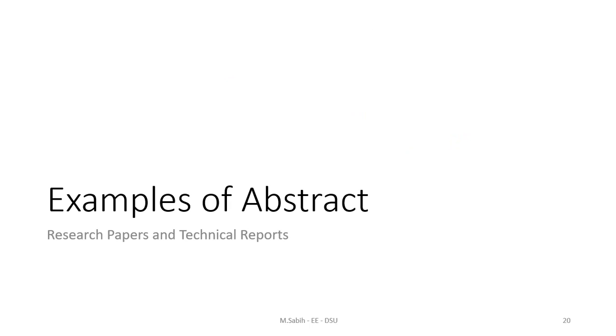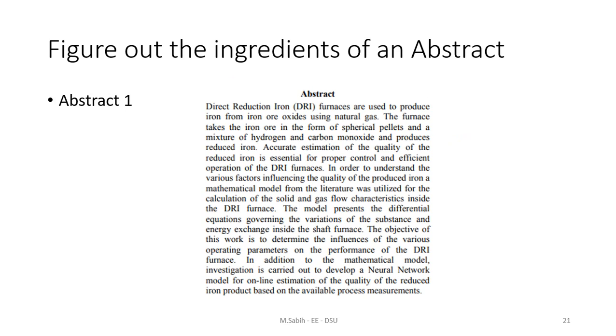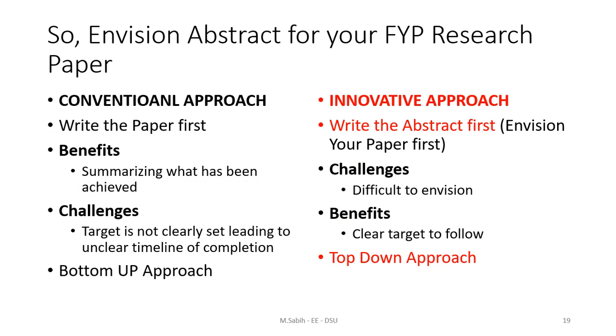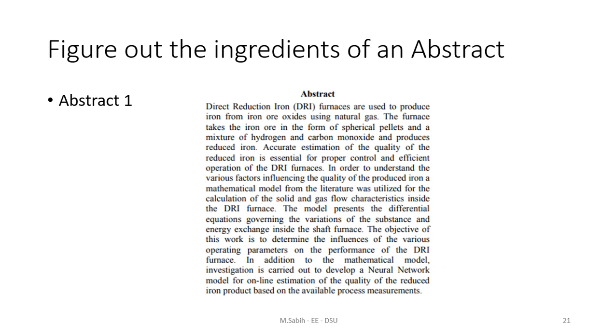Now we are going through the abstracts, some examples of the abstract. This is one abstract, and this is your task: you have to figure out the ingredients of an abstract, just like we did here. You have to do it for this abstract. You have to find out where is the motivation, the statement, approach, methodology, results, and try to read it.